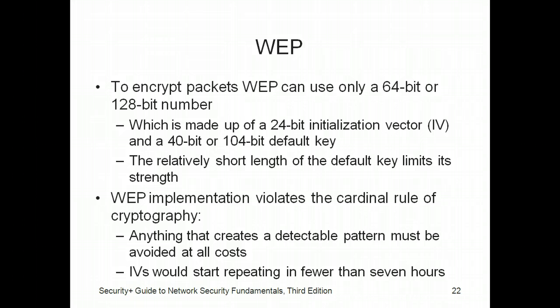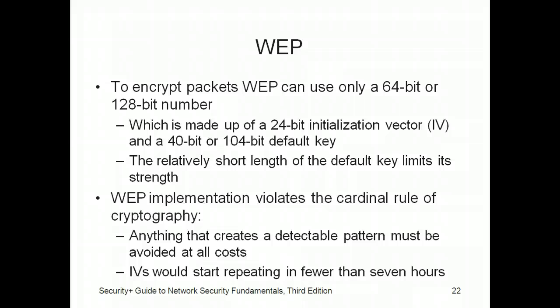WEP implementation violates the cardinal rule of cryptography: anything that creates a detectable pattern must be avoided at all costs. IVs, or injection packets, start repeating in fewer than 7 hours, meaning these supposedly random packets that send the WEP key across, which are never supposed to repeat, repeat after about 7 hours.